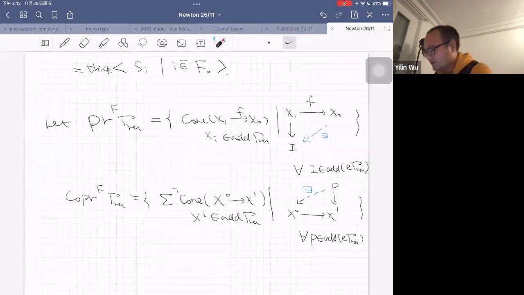This means the objects in this subcategory have a projective property.